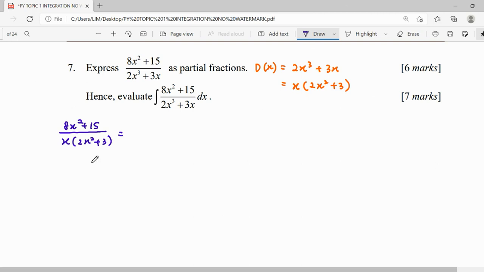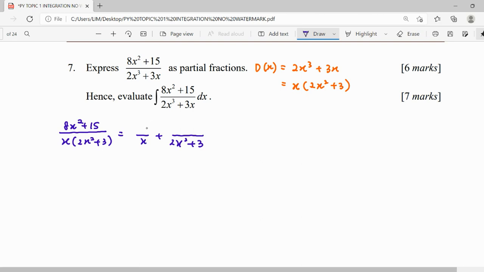We are going to split our fraction into the partial form according to its factor. We can see the denominator factors here: the factor x, and then another factor 2x squared plus 3. So this is step number 4. This is our linear factor.